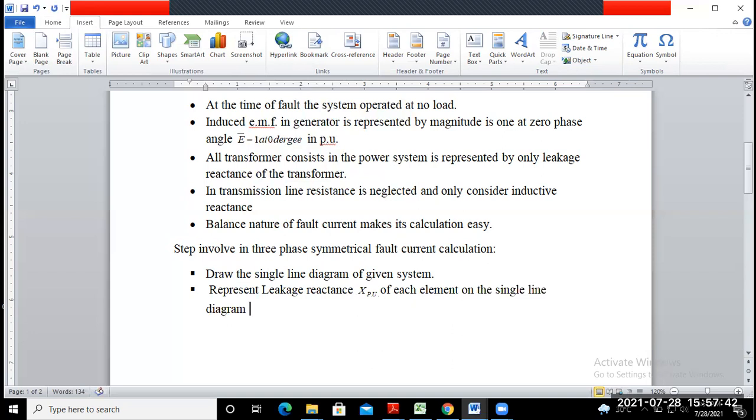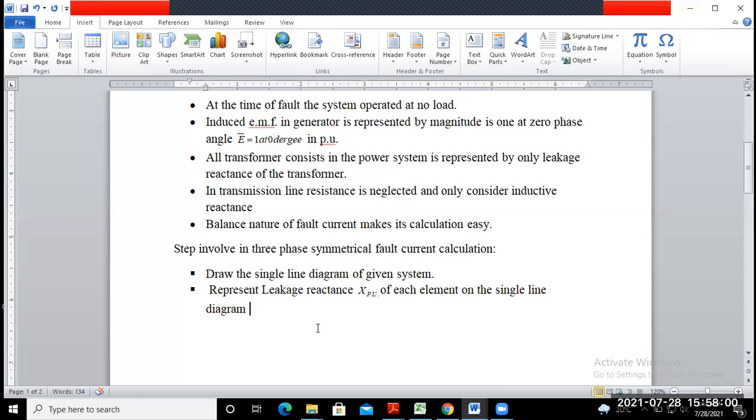Each element, that means the components in your power system, transmission line, transformer, etc. Those elements are represented by leakage reactance in per unit. Okay.